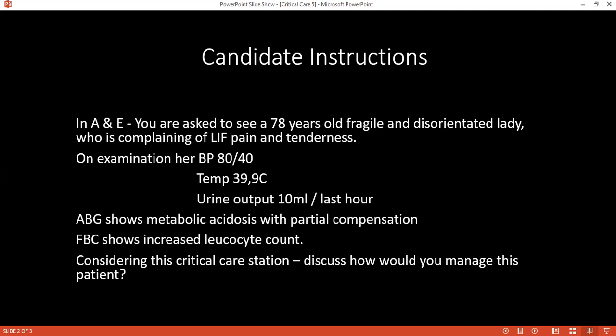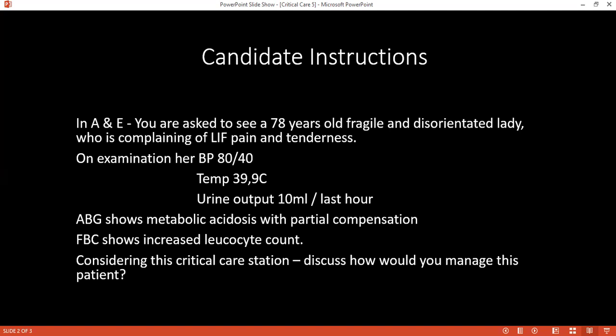Okay. This patient has 10 ml of urine output in the last hour. Can you tell me what might be the reasons for oliguria? Okay, the patient is hypotensive now and in septic shock. It could be due to decreased renal perfusion leading to acute kidney injury, and also maybe the stress response of this condition.